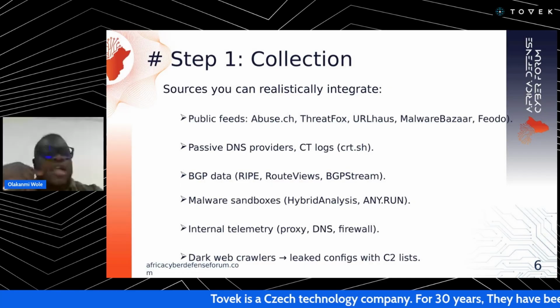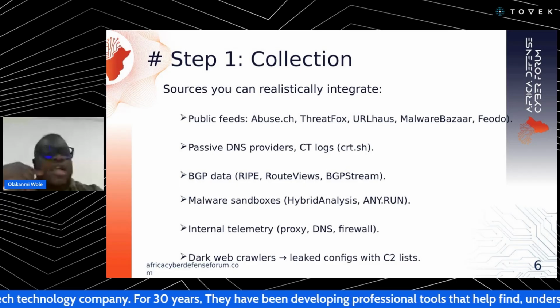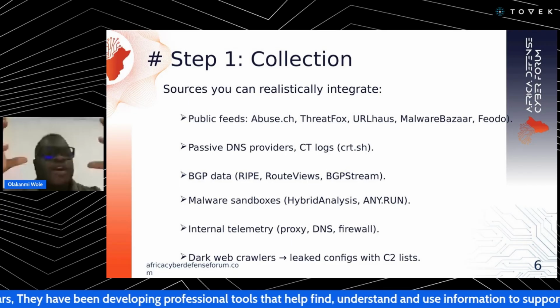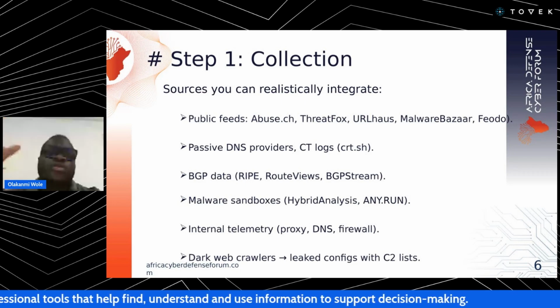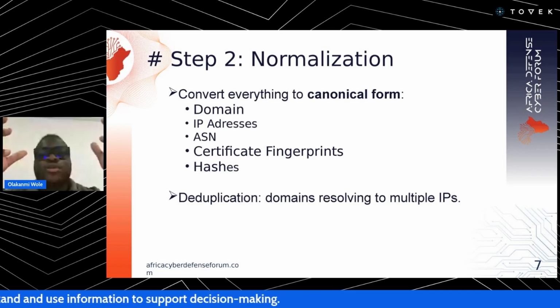Now, once you've collected all this data, all this information, most likely it would be unstructured, and if you're collecting data from multiple sources, there's also a chance that the data is structured but not structured the same way, right?